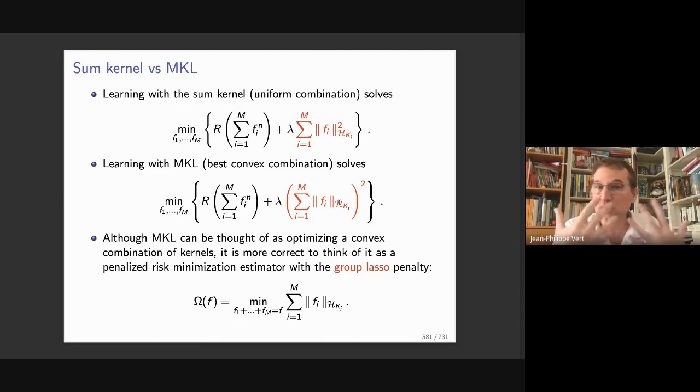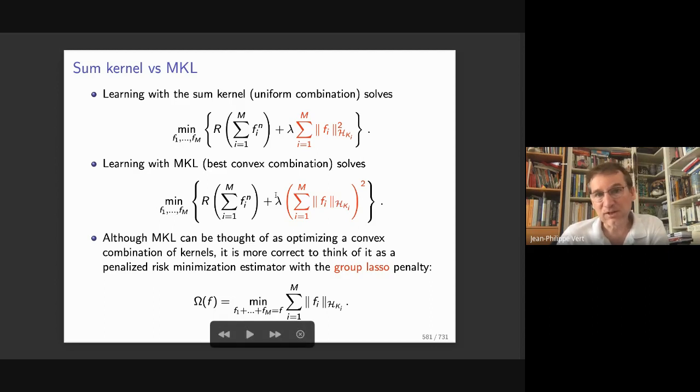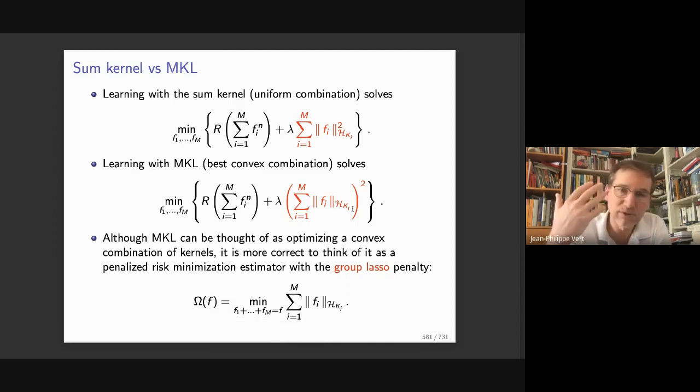So it's supposed to be good when you believe that there should be zeros. And in fact, what we do with MKL is the same, except that now instead of being sparse over features, you penalize the function so that you are sparse over the kernels, right? And so moving from lasso, so individual features, to functions, as a name, if you have a linear model, it's called group lasso.